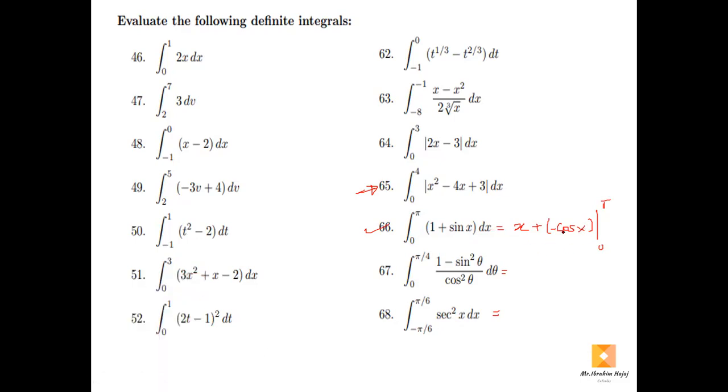Substituting pi first gives pi plus 1, since cosine pi is negative 1, and negative by negative is positive. Then when it's 0, cosine 0 is 1, so minus negative 1. The answer is pi plus 2. No, I made a mistake, it's pi plus 2.